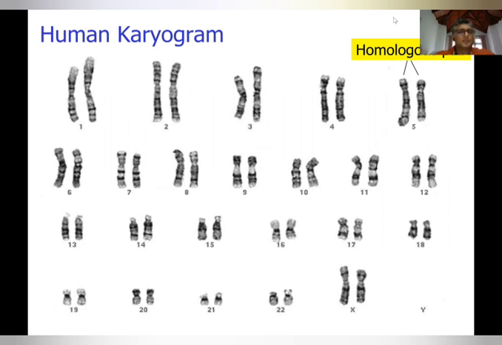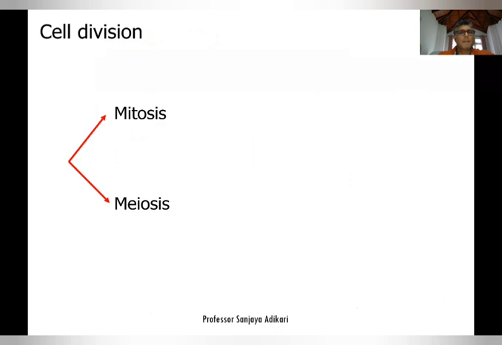Then the other point is that as we discussed in the previous slide, this state where you get chromosomes in pairs, 23 pairs, is called diploid state, or you can call it 2N DNA state. So all somatic cells, body cells, are in 2N DNA state. Now, when the cells divide, there are two types of divisions.